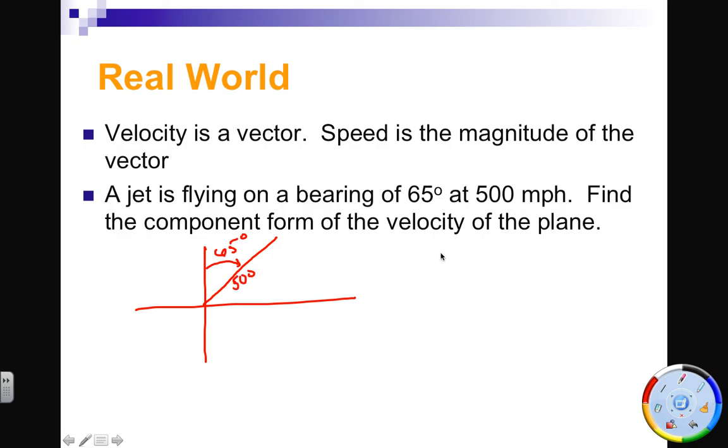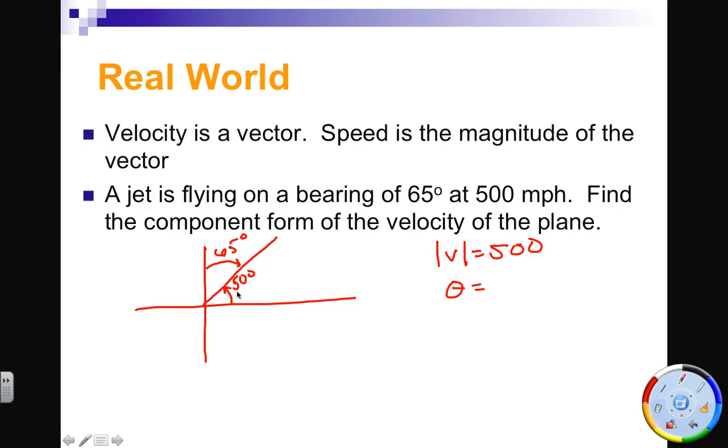So if we call this vector v, the magnitude is 500, and theta is not 65. It is not 65. You have to do things in normal trig, not bearing.